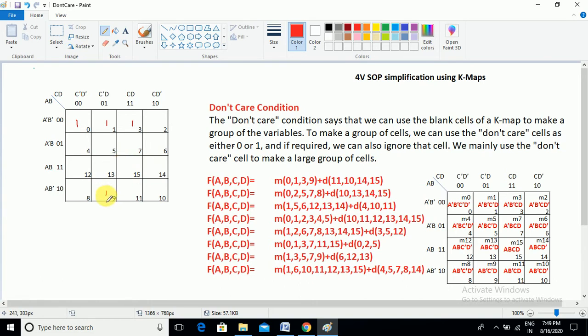The don't care cells are selected with this kind of notation, which we already discussed in the previous video: 11, 10, 13, 14 and 15.